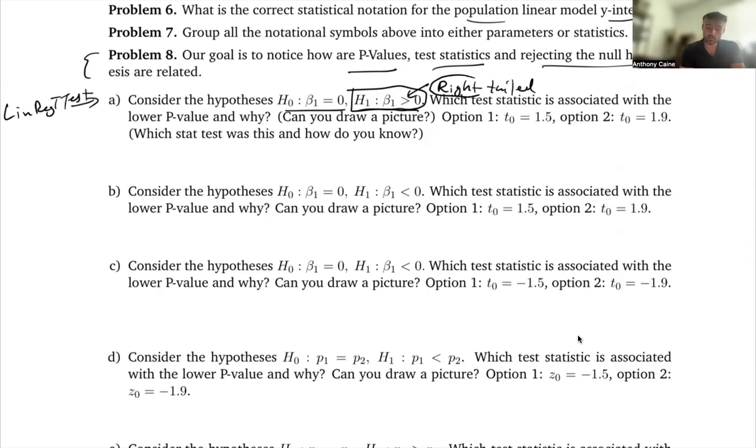And so, strong evidence against the null hypothesis is the same as having a low p-value, right?